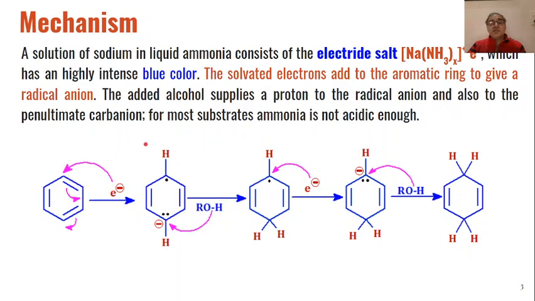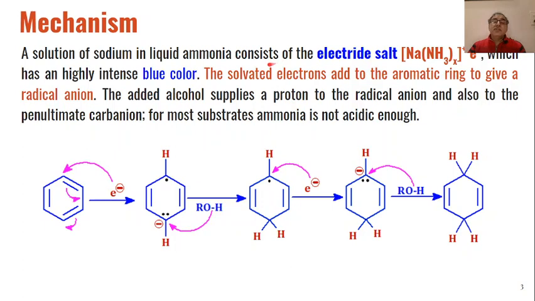As far as mechanism is concerned, the mechanism given by Birch was that when a solution of sodium in liquid ammonia is there, then it exists as this type of salt, which is called an electride salt, where we are having free electrons which can participate in the reaction.